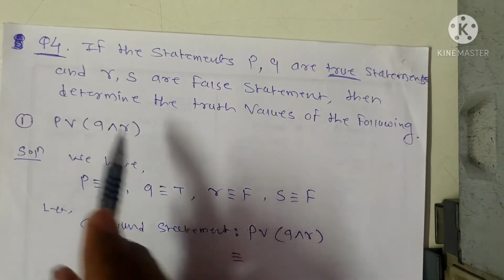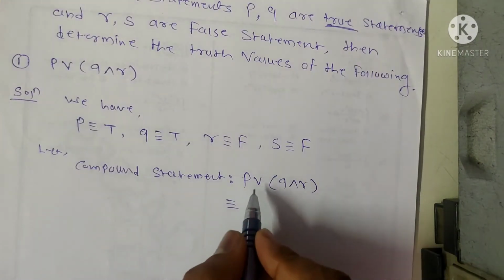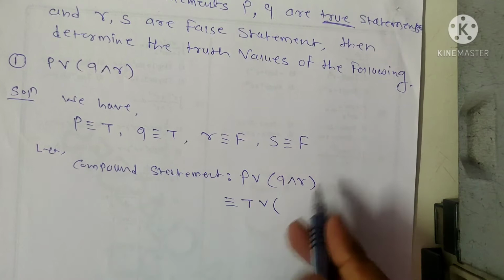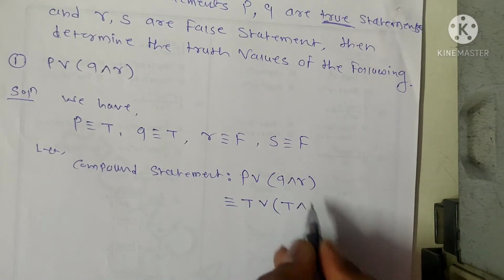We have been given this in the question. P is T or Q is T and R is F.